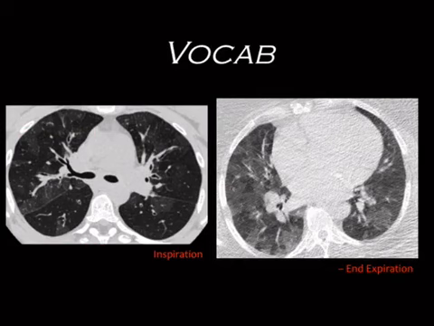All right, so I touched on this before. We've got what looks like mosaic attenuation, which a lot of people will call air trapping because they don't know what they're talking about, on this inspiration film. You can't actually call it, though, because mosaic attenuation is areas that look like they're different attenuation. But that could be because of differences in perfusion, which is like small vessel disease, or it can be secondary to actual air trapping.